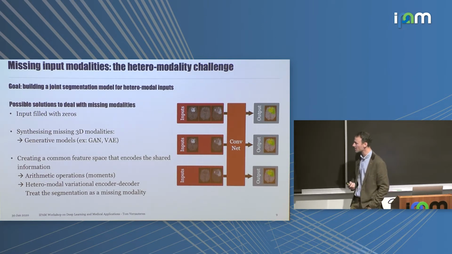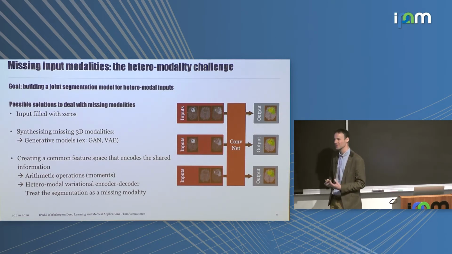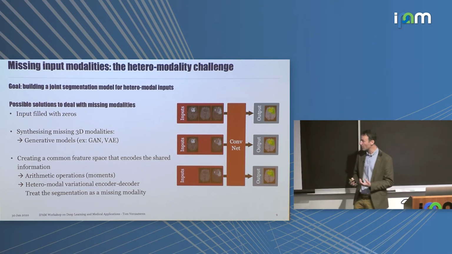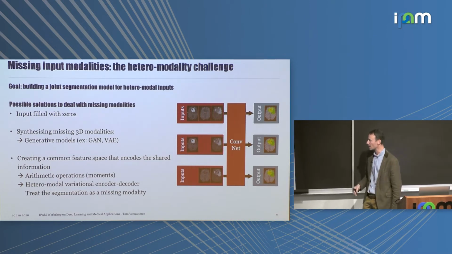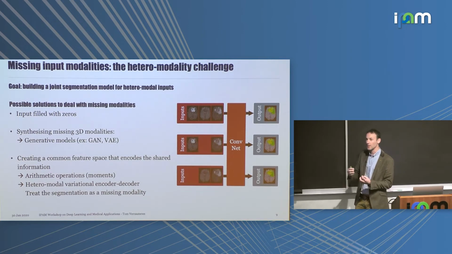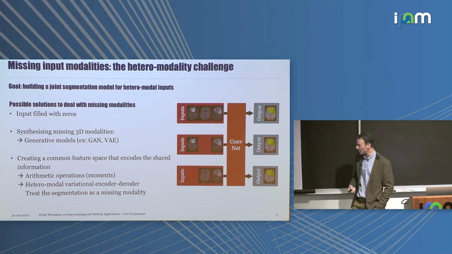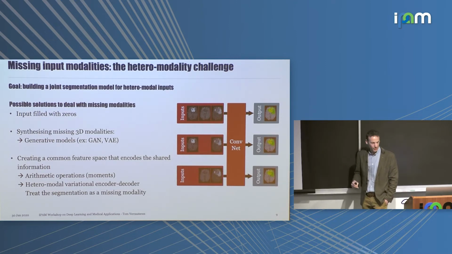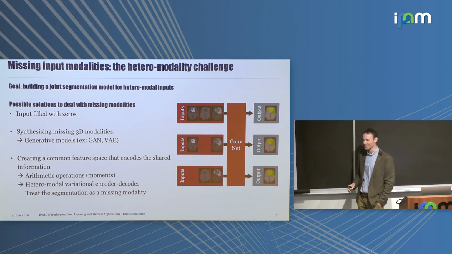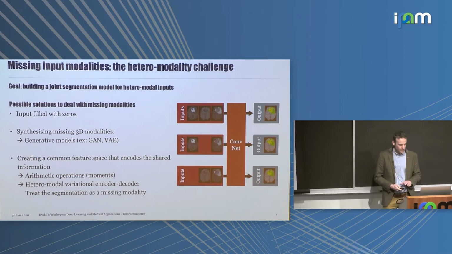And if we have this latent space, we could see how different images would be created from it, or potentially generate any missing modality if we're informed by the existing ones. So we'll look a bit into that, and this will lead us to a sort of variational encoder-decoder, to not exactly say autoencoder, that can handle these heteromodal inputs.